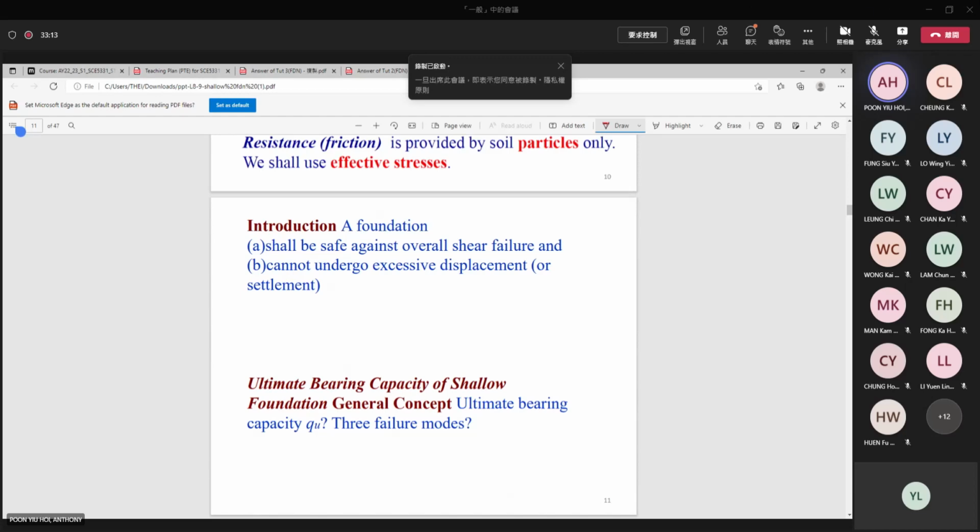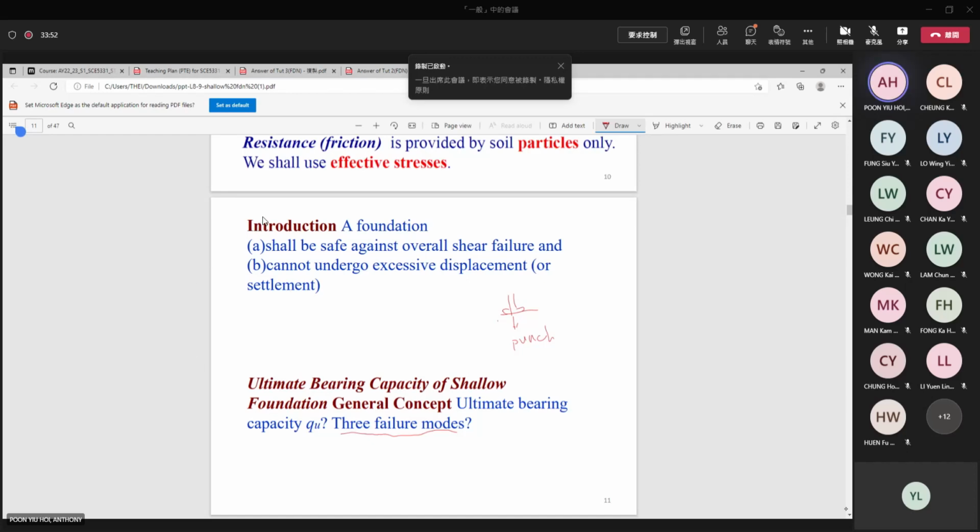First of all, we actually have to look at the failure mode. So how does a foundation fail? The foundation will fail under 3 failure modes, which depend on the stiffness of the soil. If the soil is very soft, you will expect the foundation to punch through the soil.